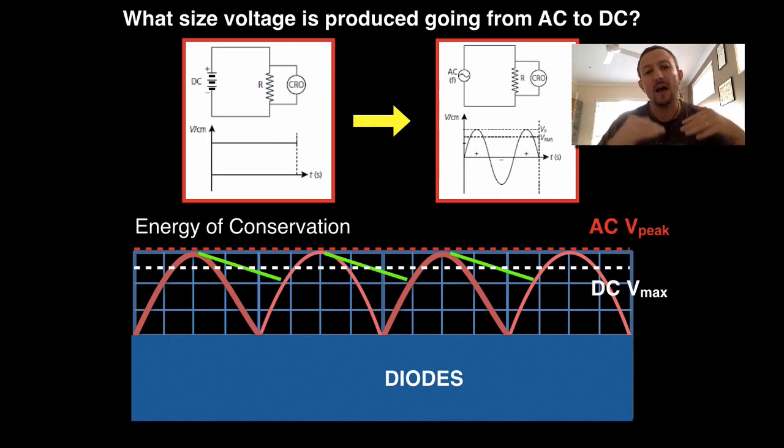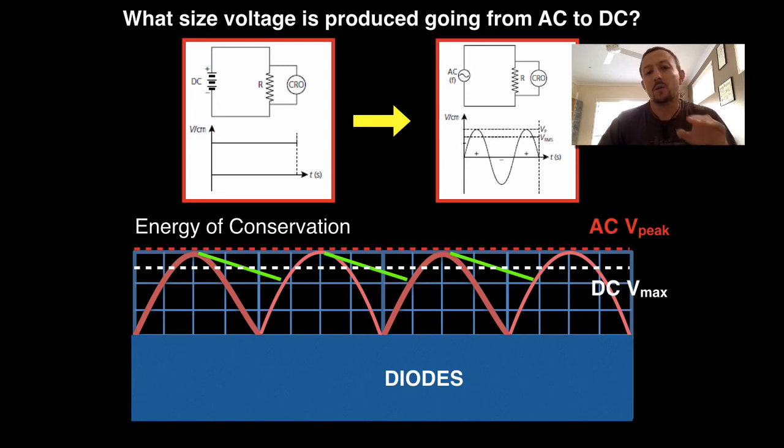Well, it's got to be lower than what we started with. So we need some method to determine how much energy is actually incorporated in our DC voltage. Remember, voltage is joules per coulomb, the amount of energy which is given to a coulomb of charge.